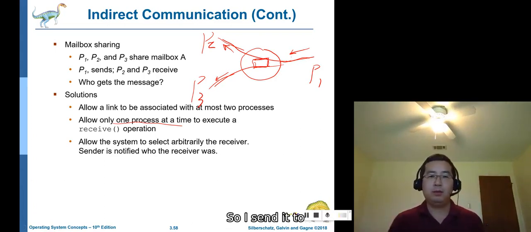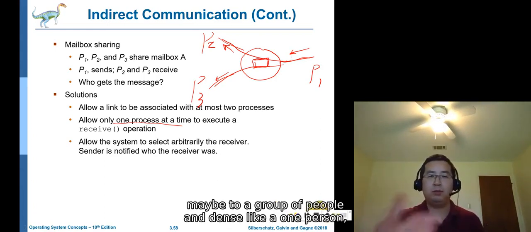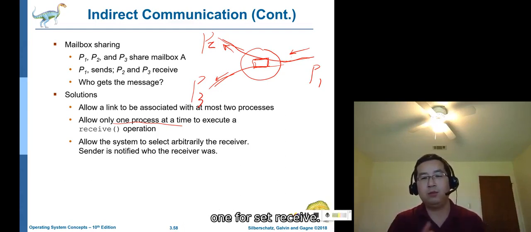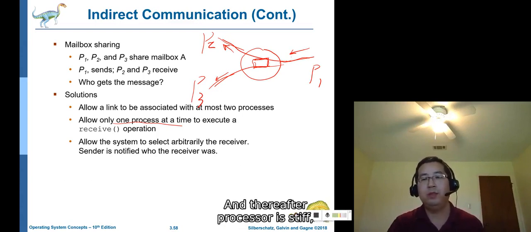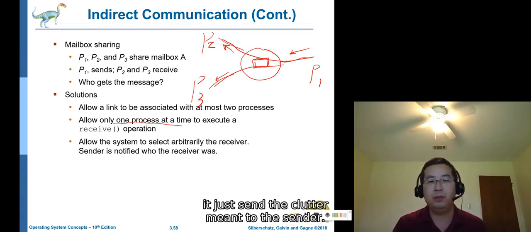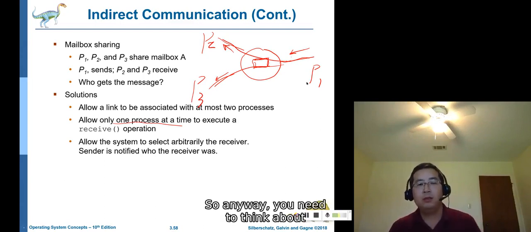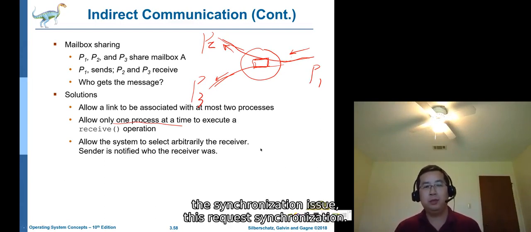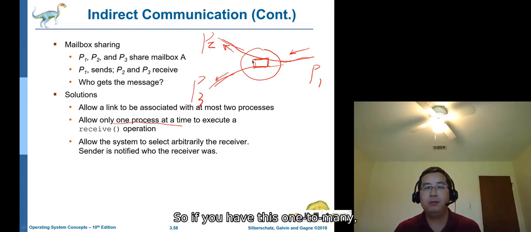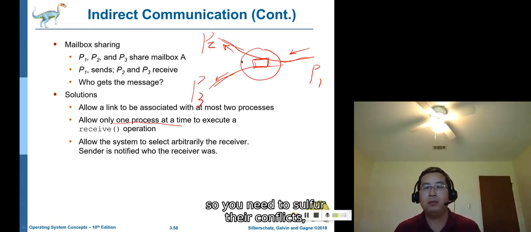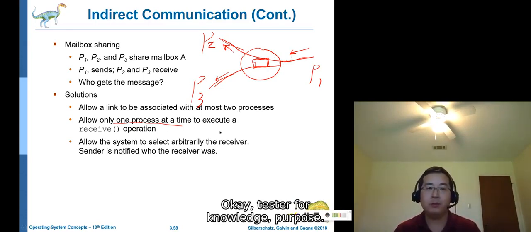Okay, so I send to maybe a group of people, and then select one person to receive, and after the process receives it, just send an acknowledgement to the sender. So anyway, you need to think about the synchronization issue. This is called synchronization. If you have this one-to-many, you need to solve the conflicts. Okay, just for knowledge purposes.